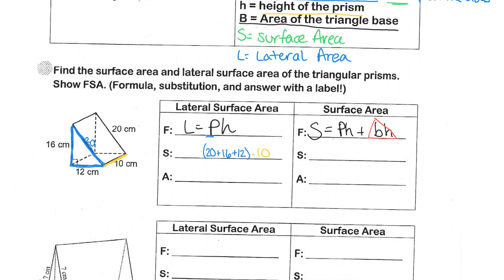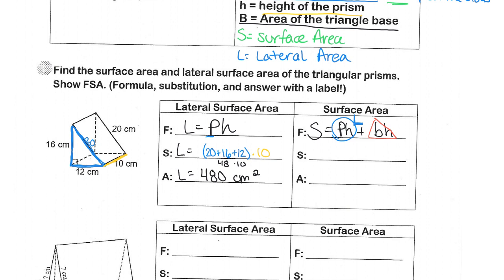So we multiply those numbers times 10. And that's our lateral area. So let's first add these all up. 20 plus 16 plus 12 is 48, times 10. And that gives us 480 centimeters squared. I found the lateral area first because it's part of my surface area. So now I don't have to write all that again. I can just write what it is, which is really handy.